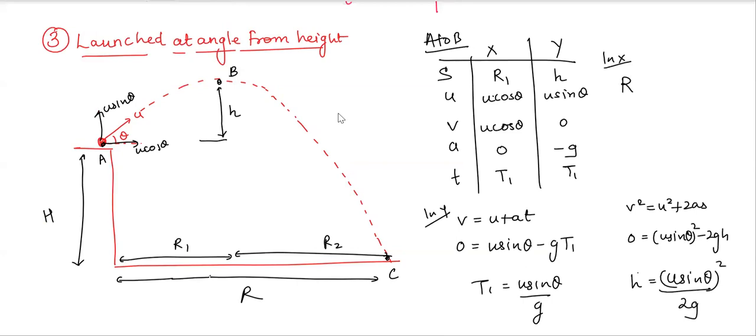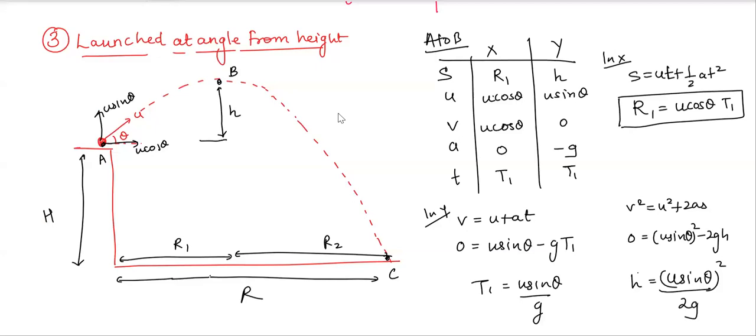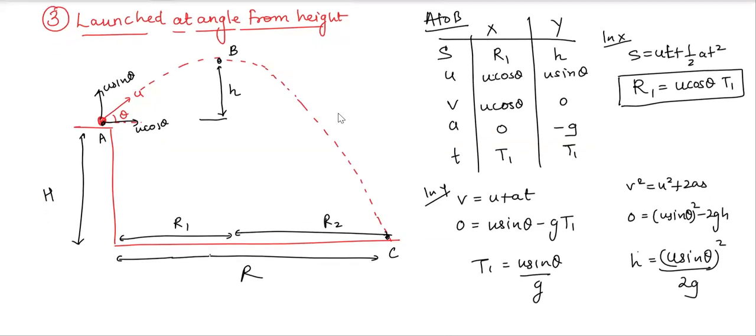If I use in x direction, s is equal to ut plus half at square. Acceleration is 0 here, so r1 is equal to u cos theta into t1. So we have got mostly all the information.